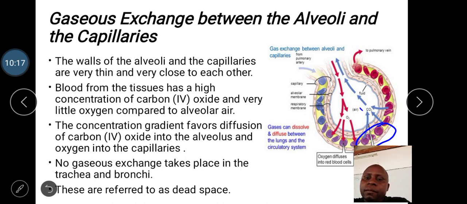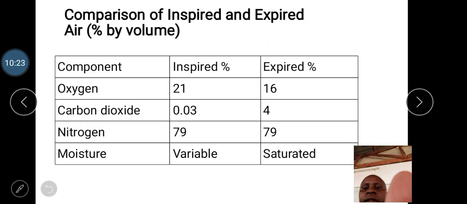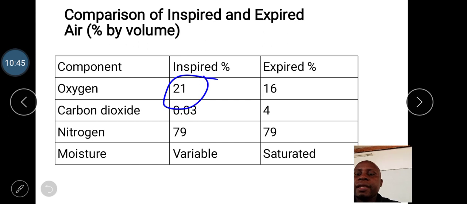Good. So far, so good. That marks the end of our discussion. Now, what is the percentage of the components of air after inhalation and exhalation? When we compare the percentage of oxygen, the inspired air that has been inhaled contains about 21%.